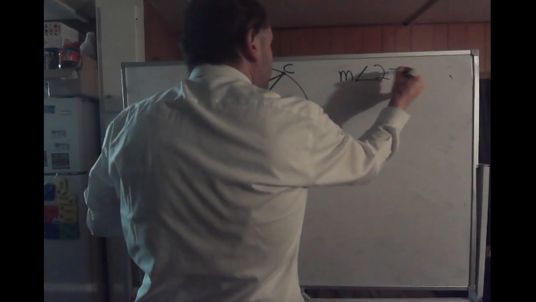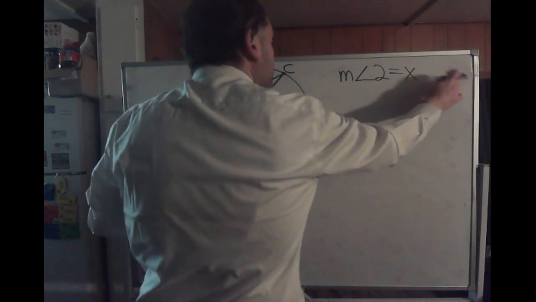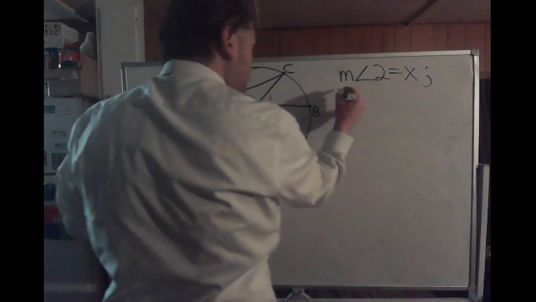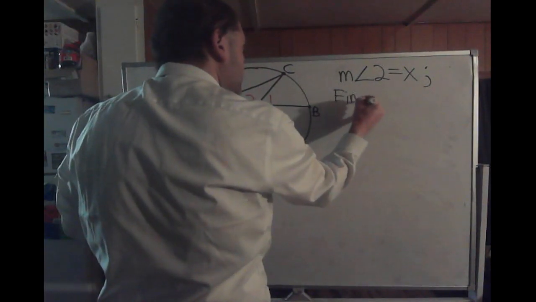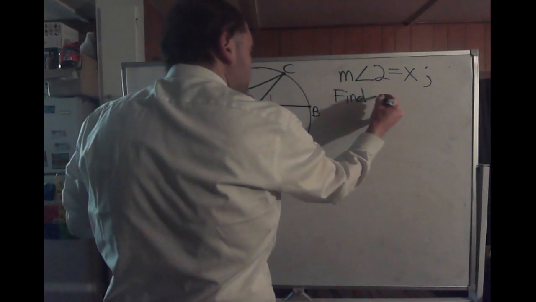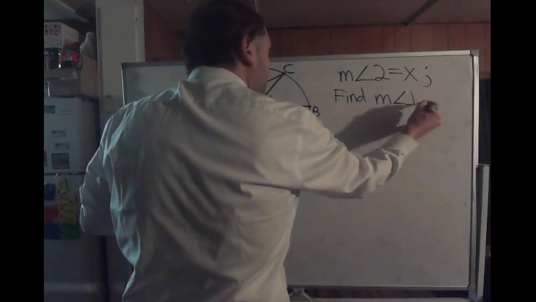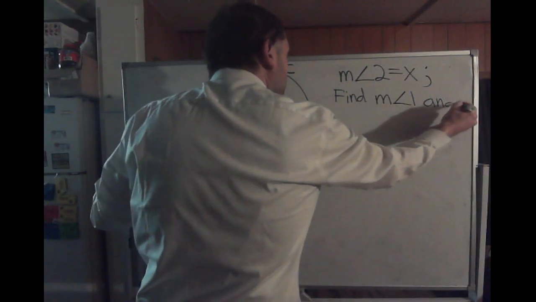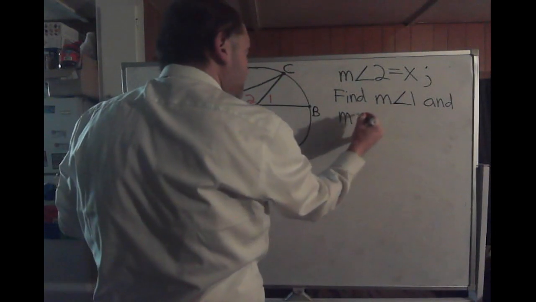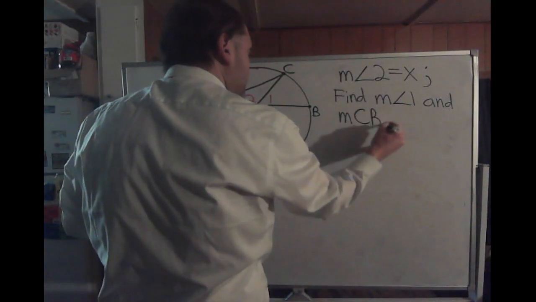The measure of angle 2 equals x. Find the measure of angle 1 and the measure of minor arc CB.